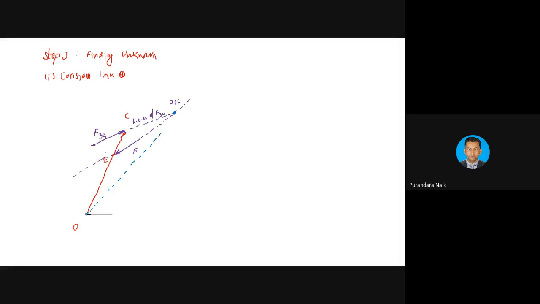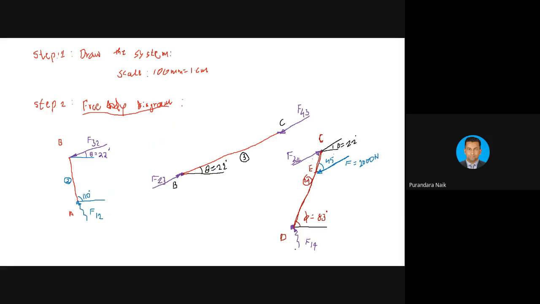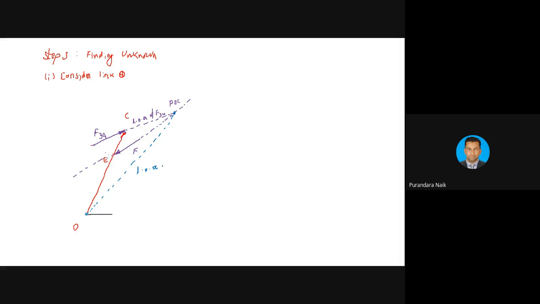So if you join this with POC, point D, that will be the line of action of what? Which force? It is F14. Write down F14. So where is the F14 now?